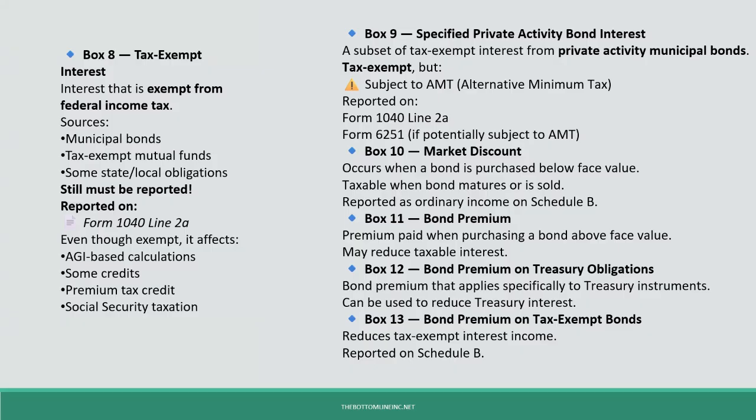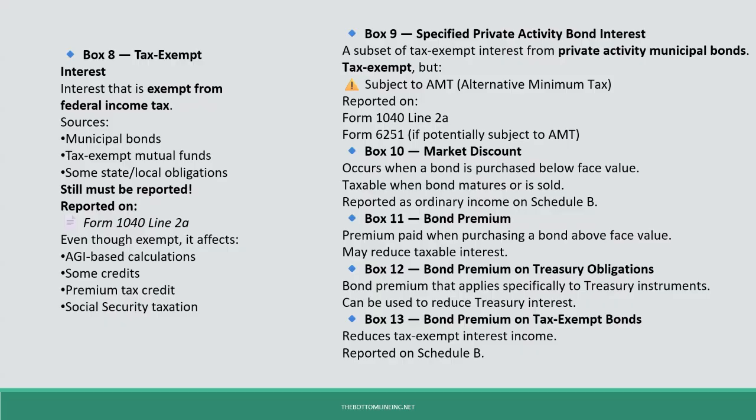Now, when we go to calculate some credits, like how much of our Social Security is taxable, or how much child credits we get, we will use an AGI calculation. When we figure AGI for these credits, we're going to include that tax-free interest.